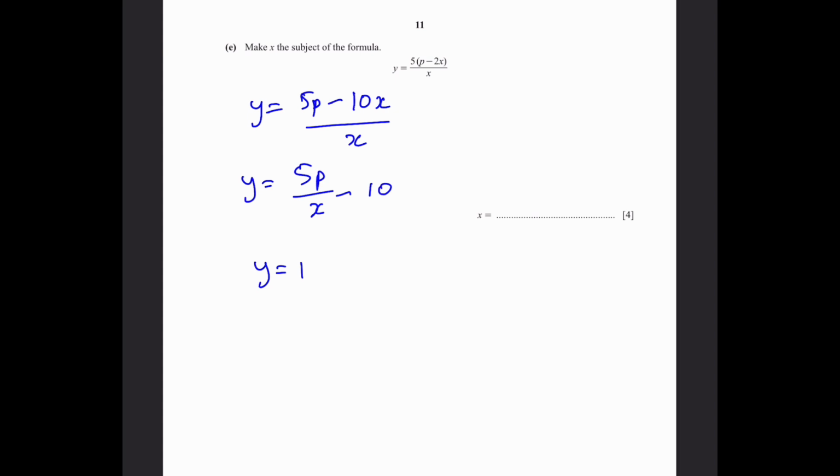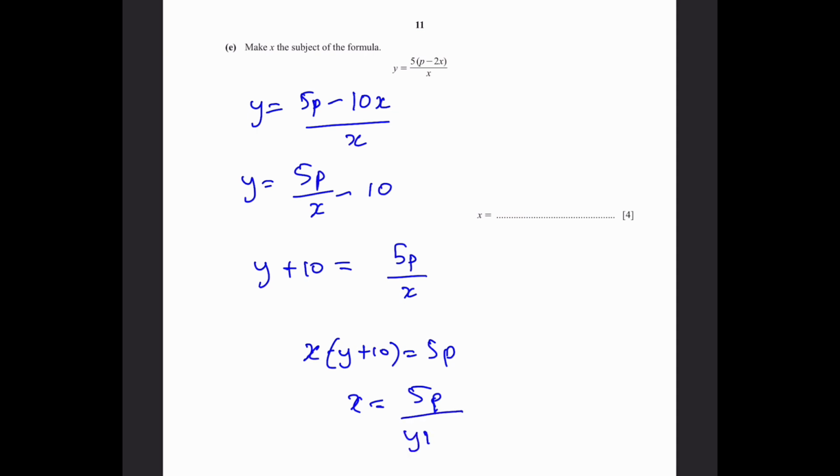So y plus 10 is going to be equal to 5p by x, right? And x times y plus 10 is 5p. And x is going to be 5p divided by y plus 10, which is our final answer, 5p by y plus 10. Let's go to question number 7.